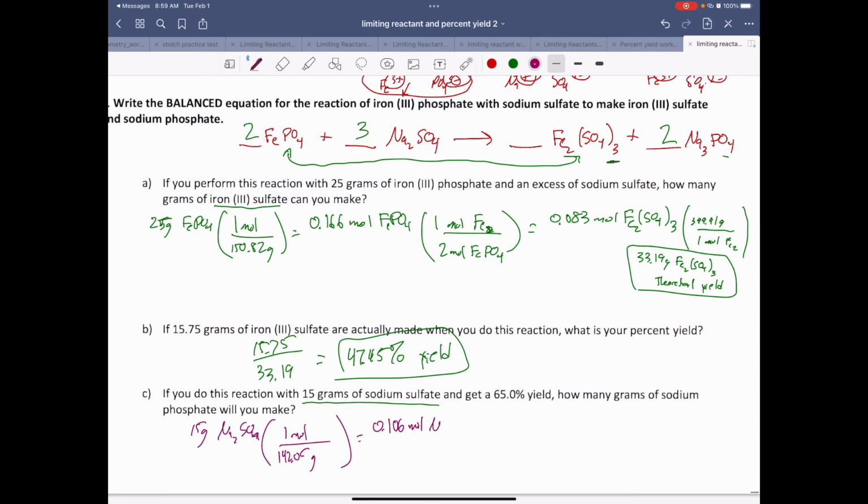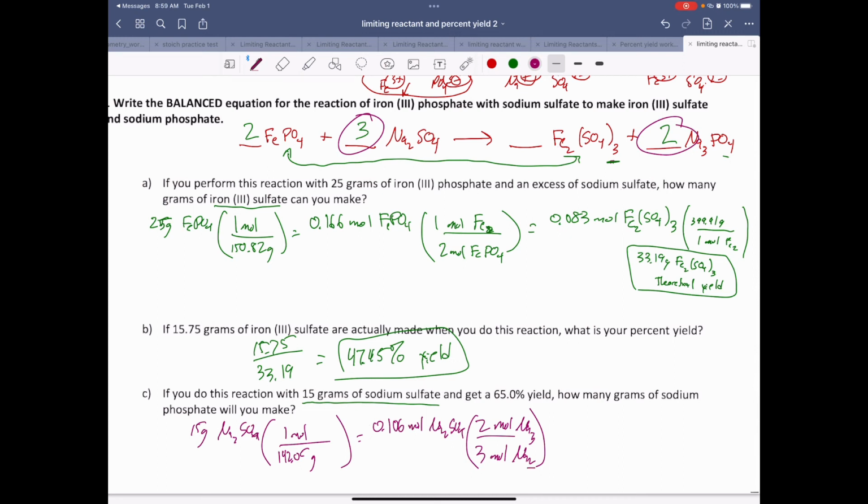moles of sodium sulfate. We are interested in the relationship between sodium sulfate and sodium phosphate. Luckily, well, not luckily, but that is a 3-to-2. If I take a look up here, it's a 3-to-2 ratio. The 3 moles of this stuff will produce 2 moles of the other stuff.